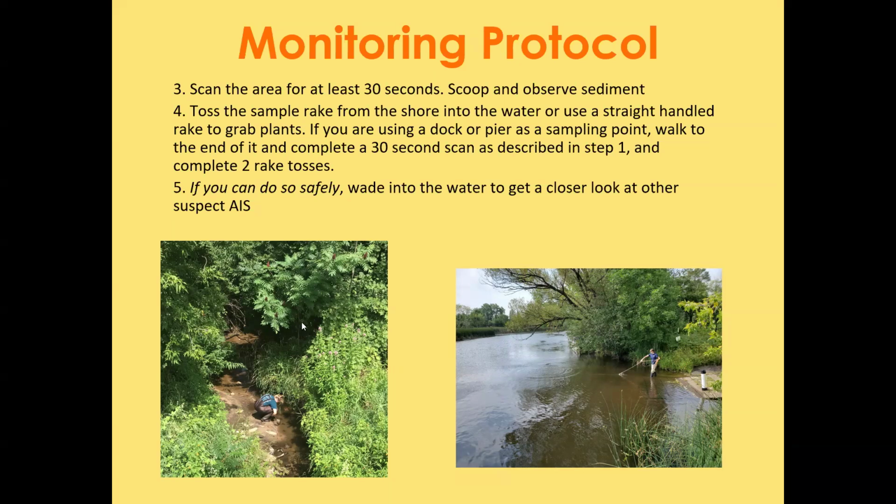You're going to use your hand scoop or just your hands to pick up some sediment and sift through it, to see if you can find any small animals or plant fragments. If you're sampling strictly from the shoreline and you cannot directly access the water or you don't want to, that's totally fine too. And at each of your stops, you're going to throw a rope rake into the water twice. It'll be once more oriented to the left and once more to the right.